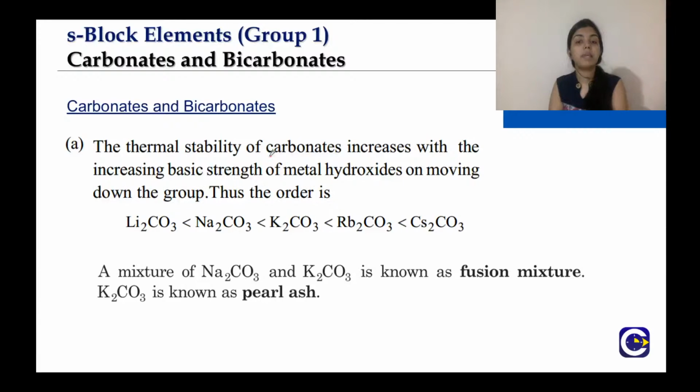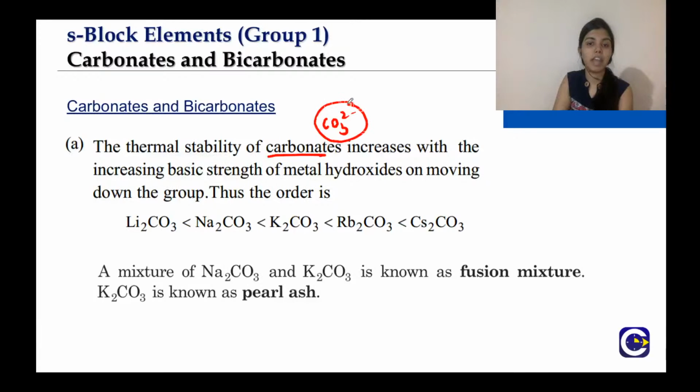Now the thermal stability of carbonates. Basically you can remember that a stable compound is formed when a smaller cation stabilizes a smaller anion and a larger cation stabilizes a larger anion. So here you have carbonate, CO3 2 minus, which is a larger anion, therefore it will be stabilized by the larger cation.